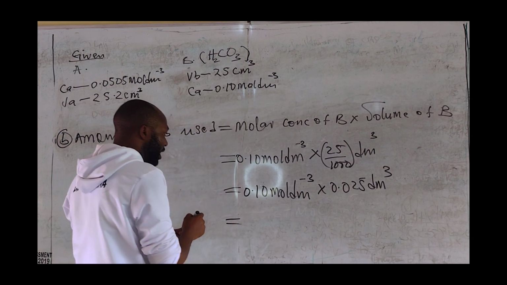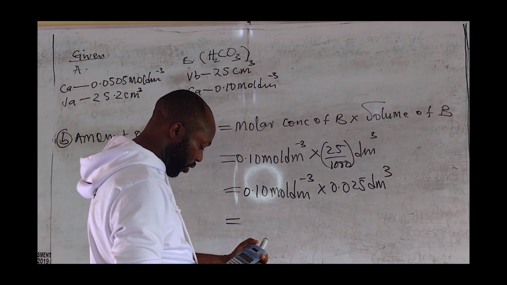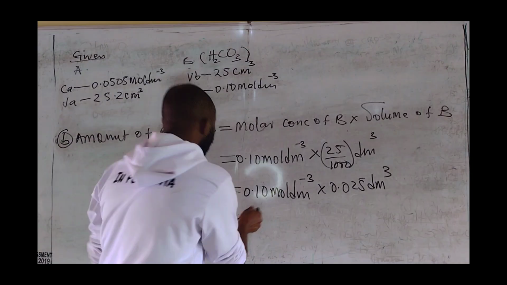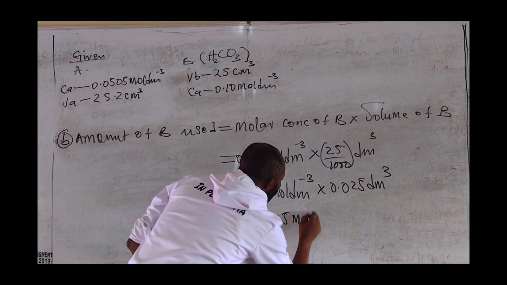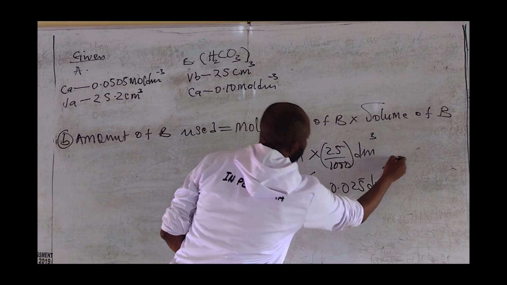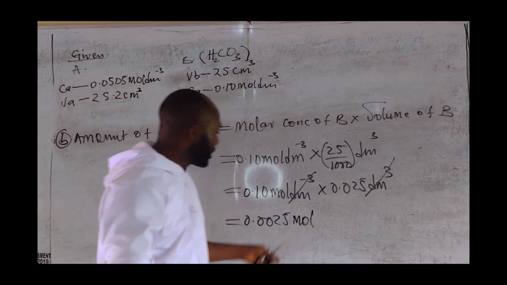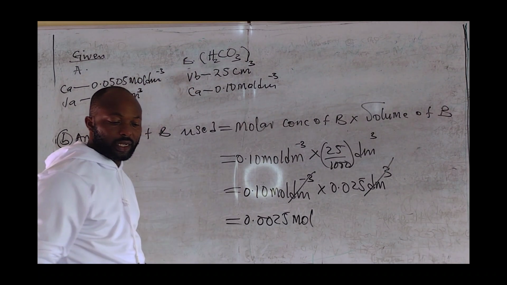Now when we multiply that with 0.1, what do we get? Times 0.1 is 0.0025 mole, because this will cancel this. So this is our amount of the base.